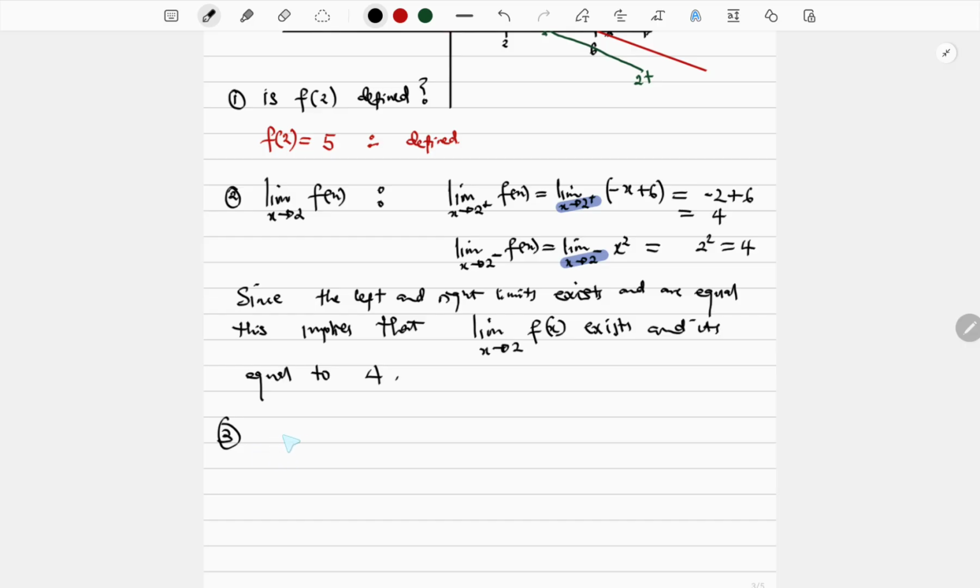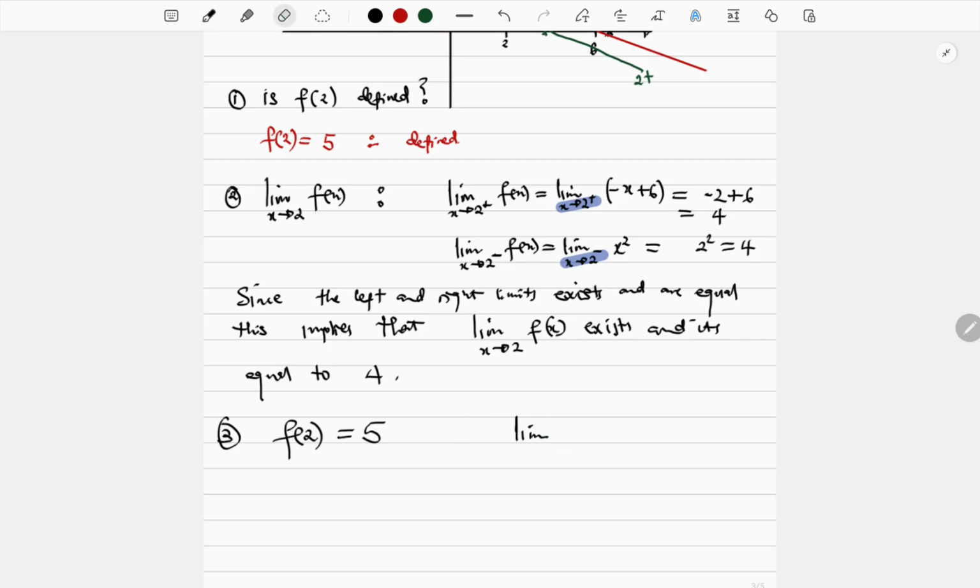In this case, we know that our f of 2, from the definition, is equal to 5. And the limit from the second part we said is equal to 4, because the left and right limits are equal and are equal to 4.